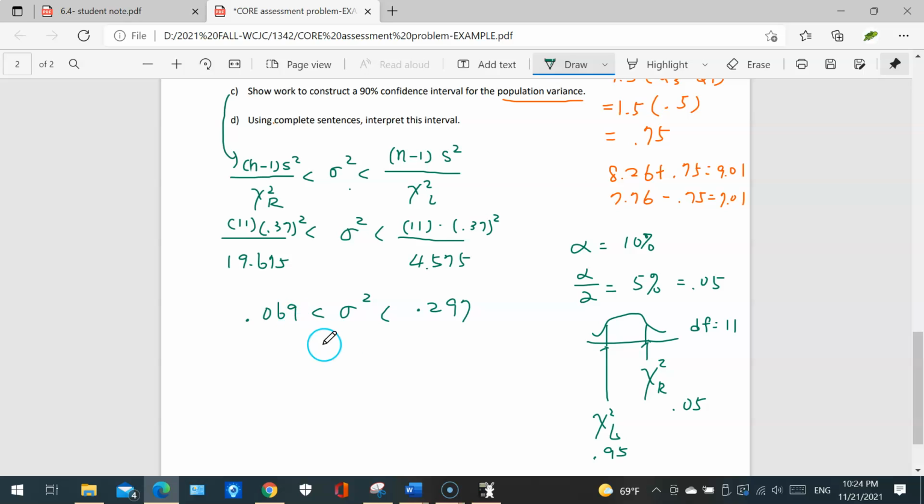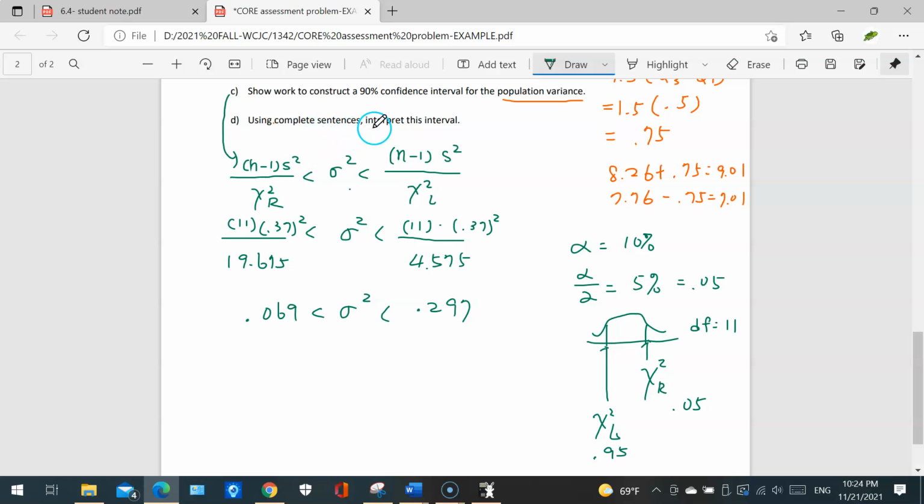So this is the population variance when we do the 90% confidence interval. We estimate the population variance is between 0.069 and 0.297.